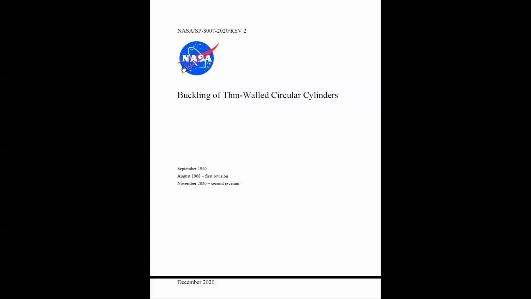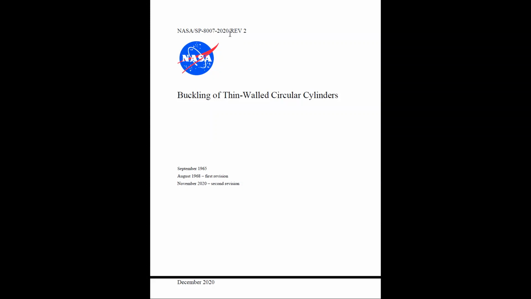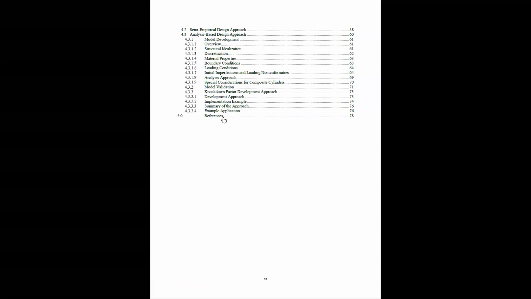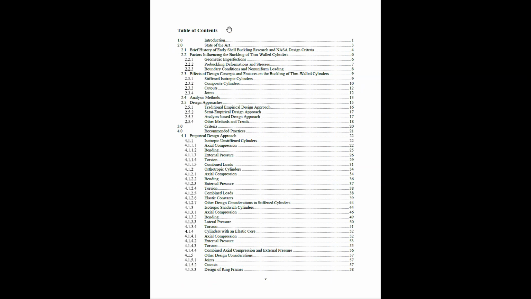So let's look at this document. This is 8007 new revision 2020. I call it A, but it's incorrect. It's 2020. And the way you can use this information, it has a table of contents, has a brief history of the shell buckling research and the previous NASA design criteria, and it provides the factors influencing the buckling of thin wall cylinders.